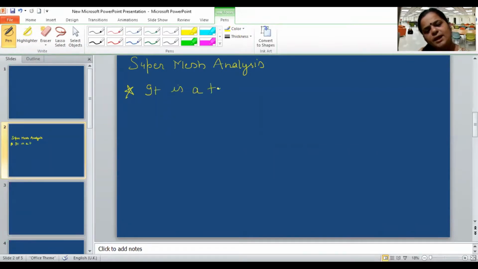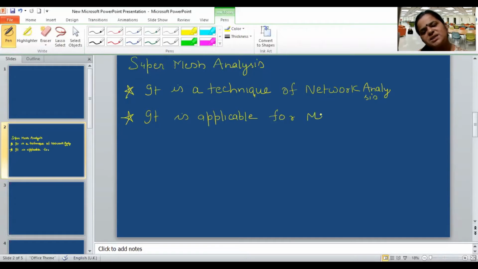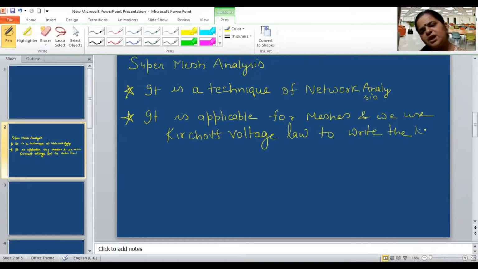It is a technique of network analysis. As it is a technique of network analysis, it means we are aware of the input and the circuit parameters, and we are interested in determining the output, that is current, voltage or power loss. It is applicable for meshes and we use Kirchhoff voltage law to write the KVL equations for the mesh and supermesh.